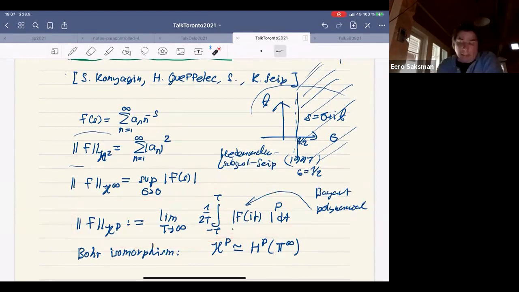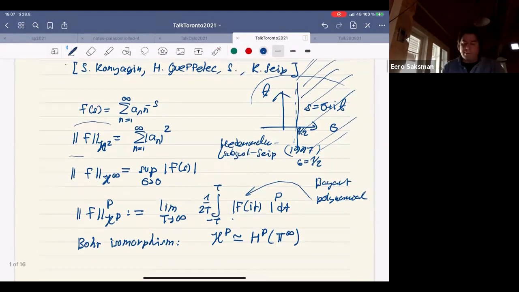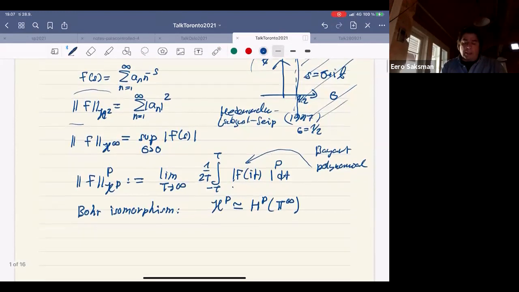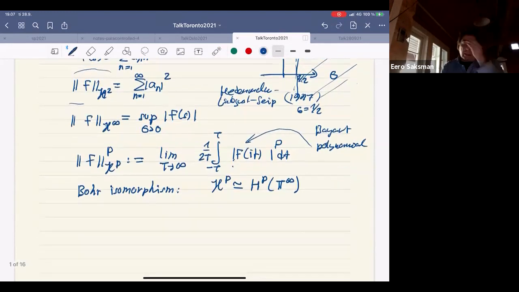It turns out that this average of the standard Lp norm exists when capital T goes to infinity, and it defines a norm. Maybe I should have here the power p. And now these spaces are closely related to Hardy spaces in infinite dimensions.